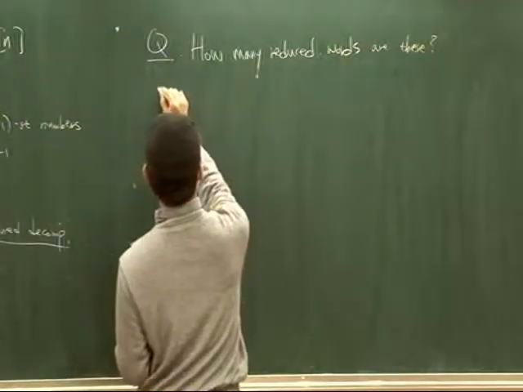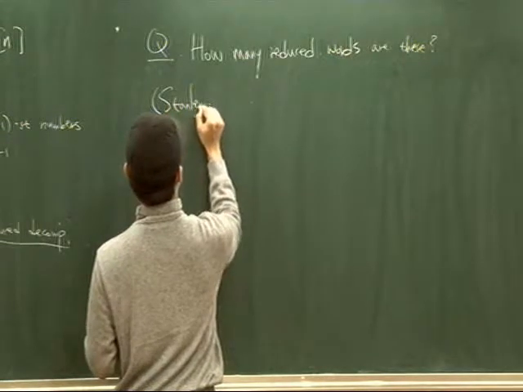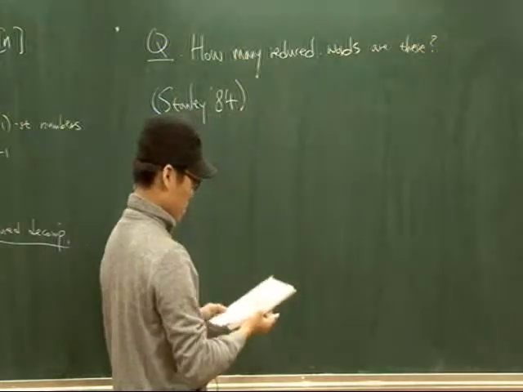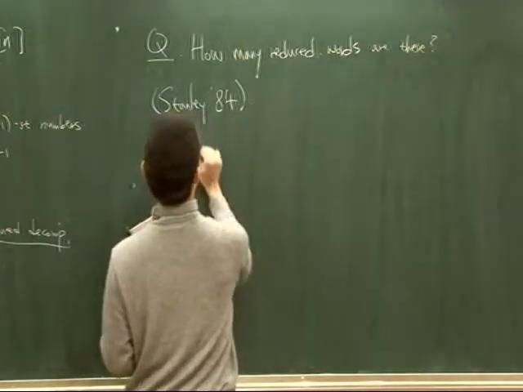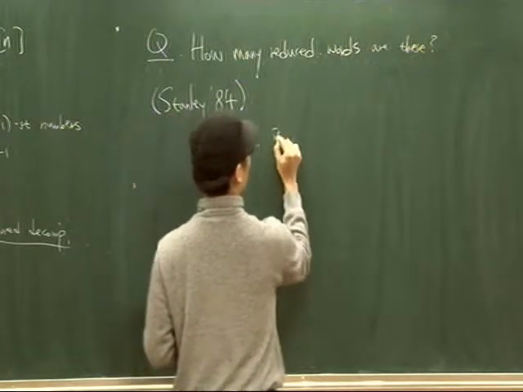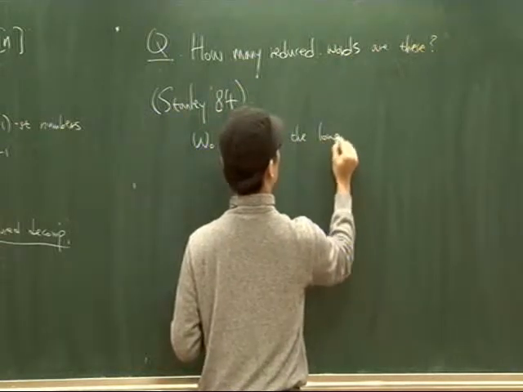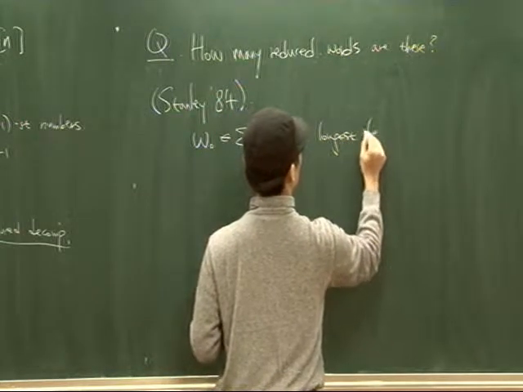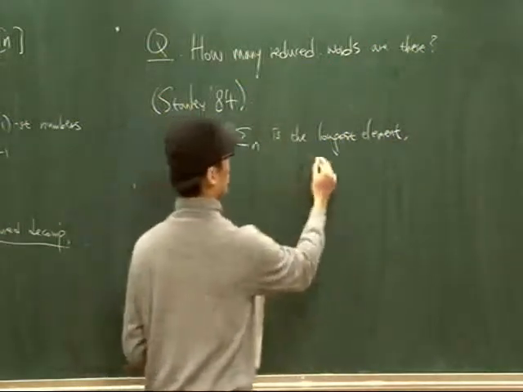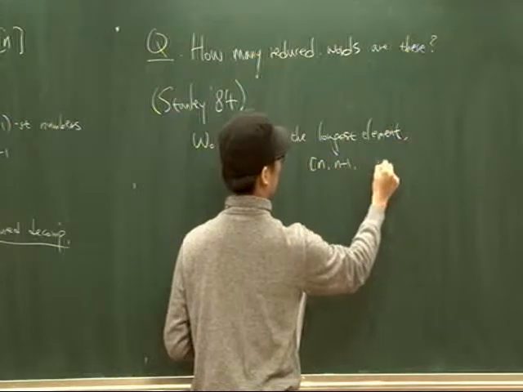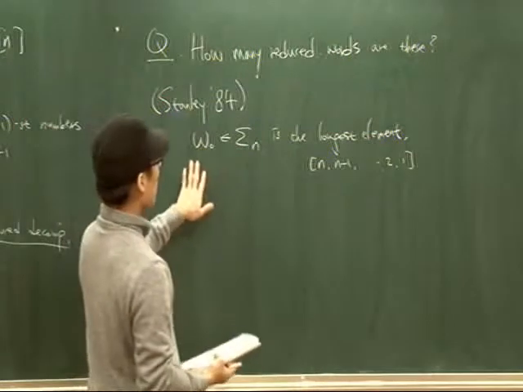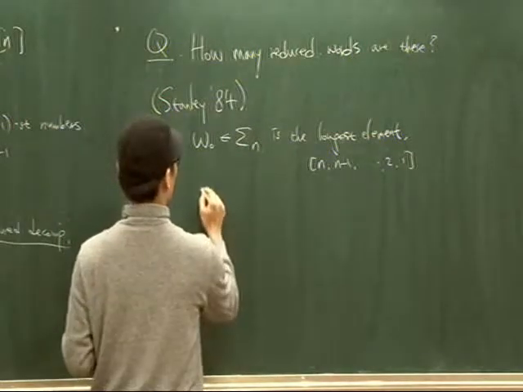And Stanley observed this interesting identity when w0 is the longest element, which is n, n minus 1, down to 1 in one-line notation.